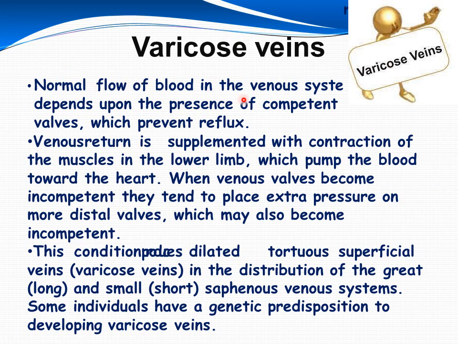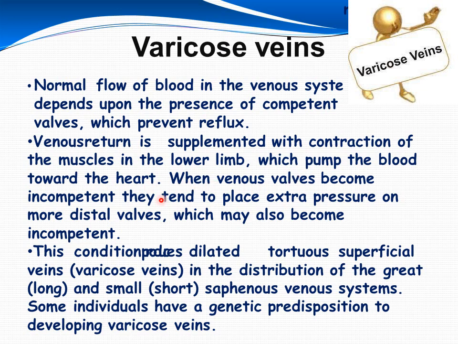Normal flow of blood in the venous system depends upon the presence of competent valves which prevent reflux. Venous return is supplemented by contraction of the muscles in the lower limb which pump the blood towards the heart. Whenever the muscle contracts, the blood moves towards the heart.